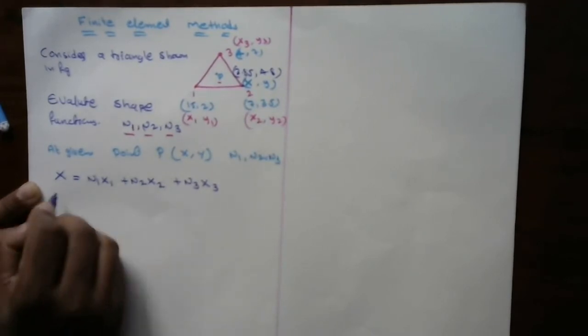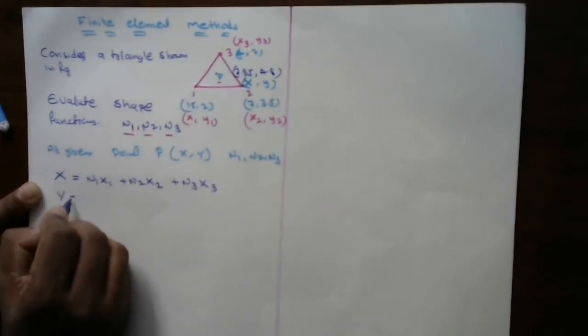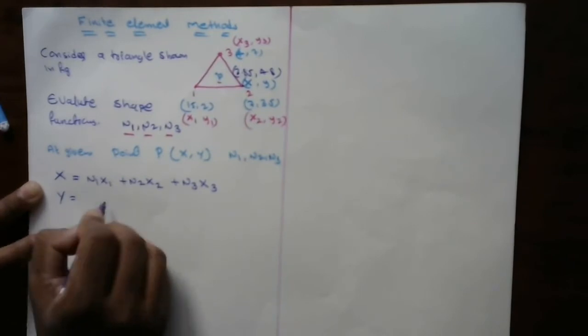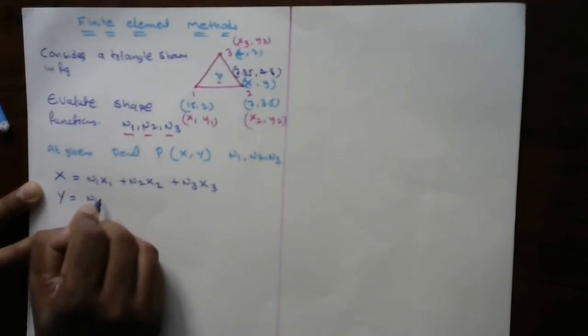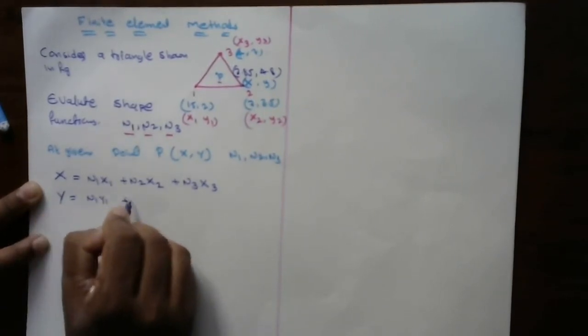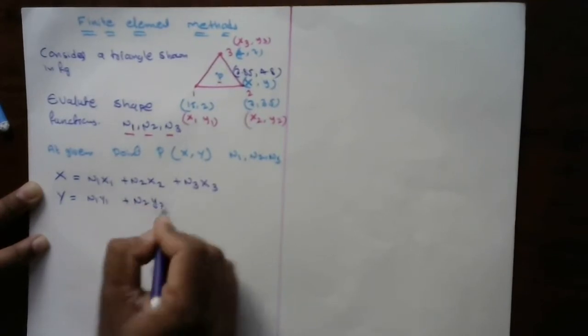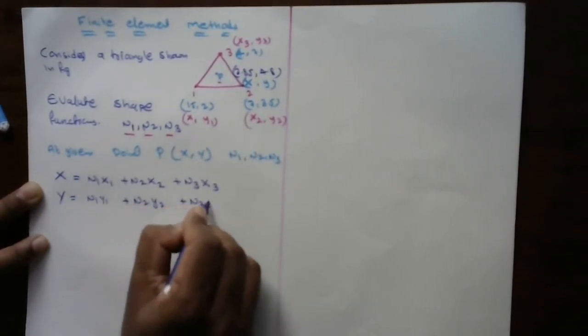Similarly, y can also be written at the given point P as a function of the shape functions and the nodal coordinate values in the y direction. That can be written as n1 y1 plus n2 y2 plus n3 y3.